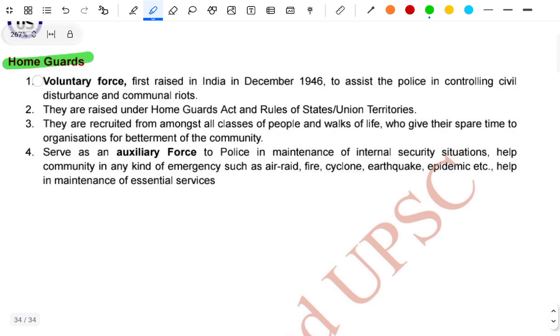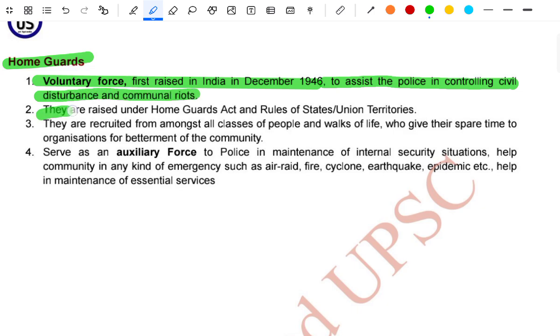Home Guards. A voluntary force first raised in India in December 1946. It assists the police in controlling civil disturbance and communal riots. They are raised under the Home Guards Act and Rules of the states and union territories. They are recruited from amongst all classes of people and walks of life and give their spare time to the organization for the betterment of the community.